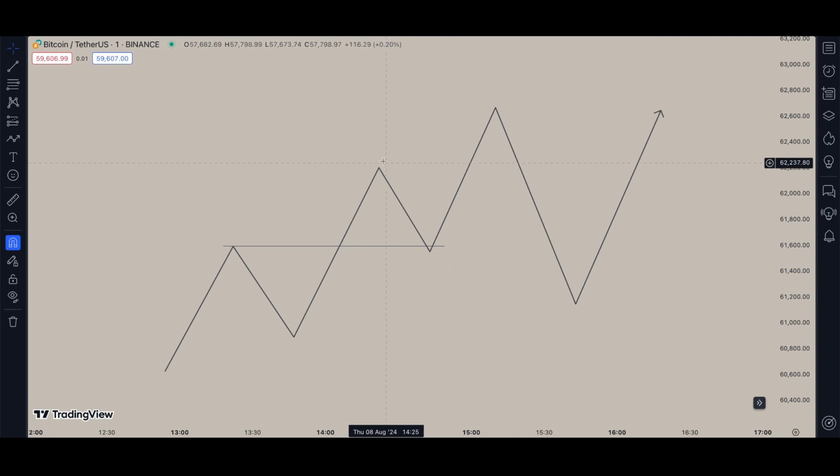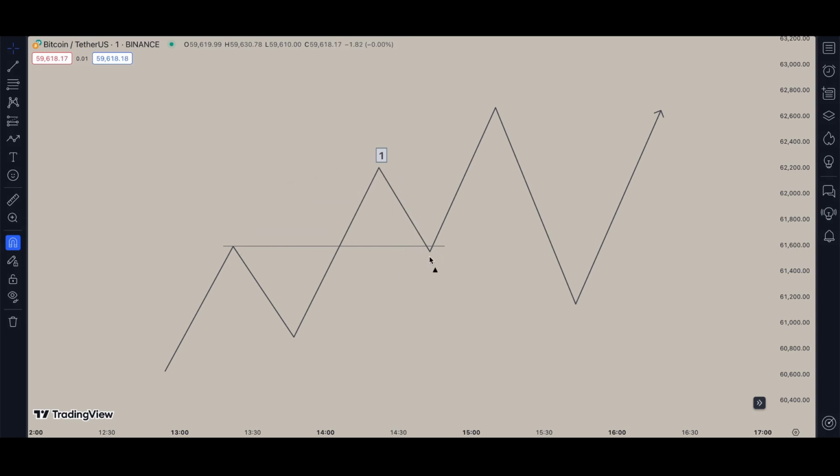So this high that the price created after breaking this previous high is going to be our first step in the sequence, which is #1. So we're going to mark it as 1. And this 1 is only confirmed when the price retraces back below this level. So the confirmation for #1 is the price going below the previous high.